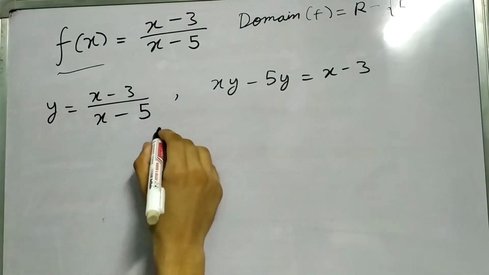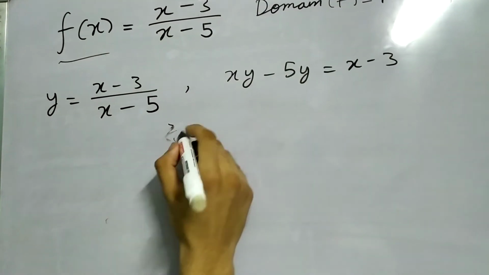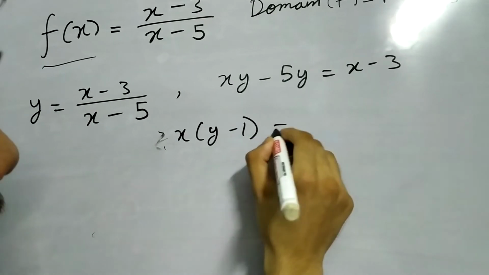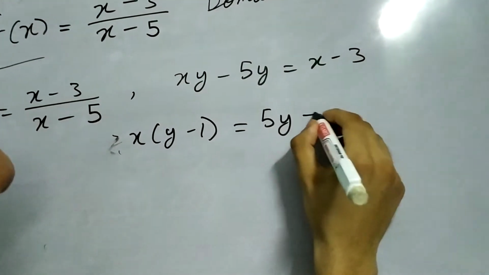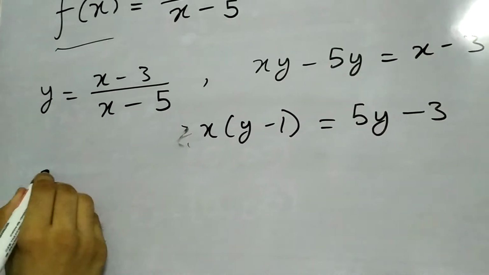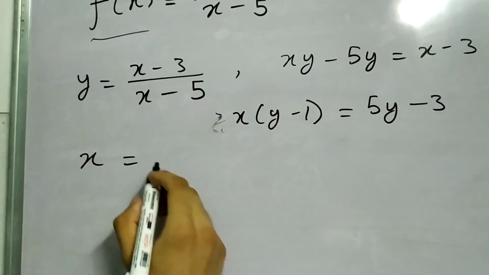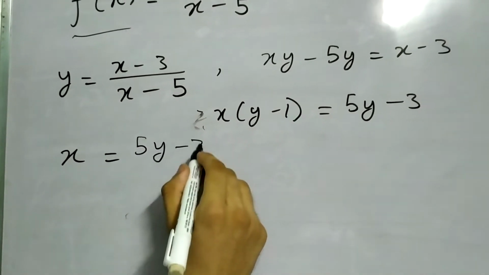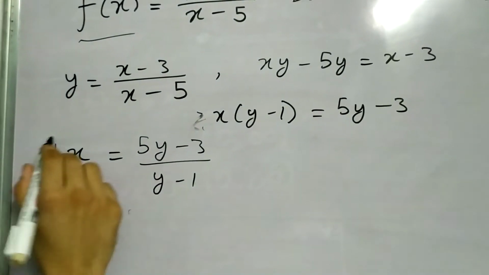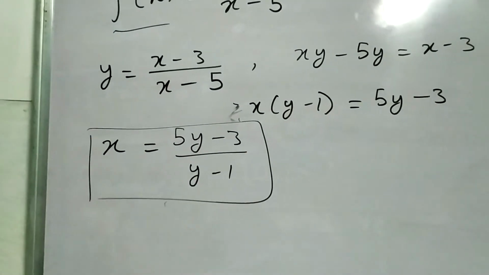From this you get x(y minus 1) equal to 5y minus 3, and so x is equal to 5y minus 3 upon y minus 1. So you get x as a function of y.